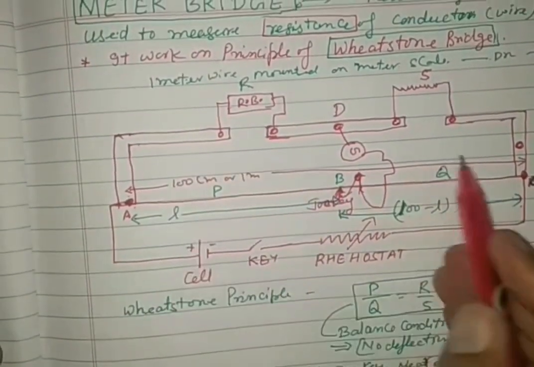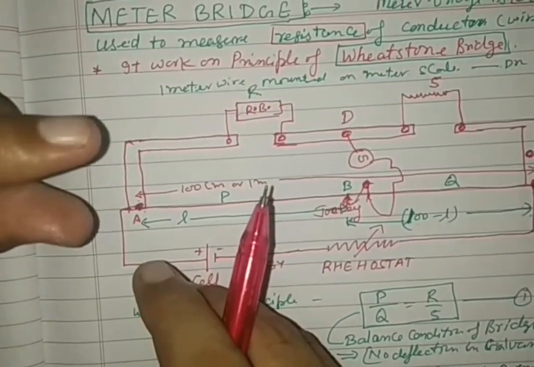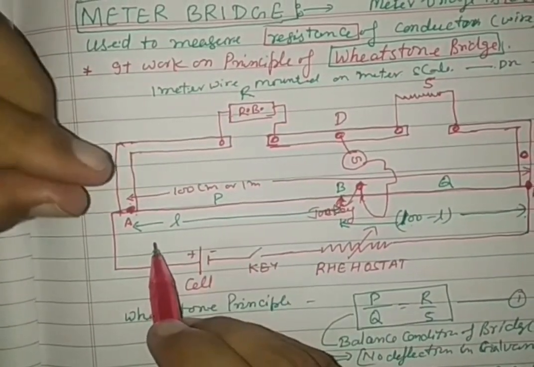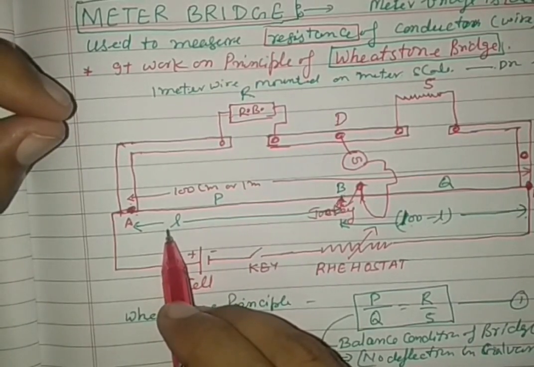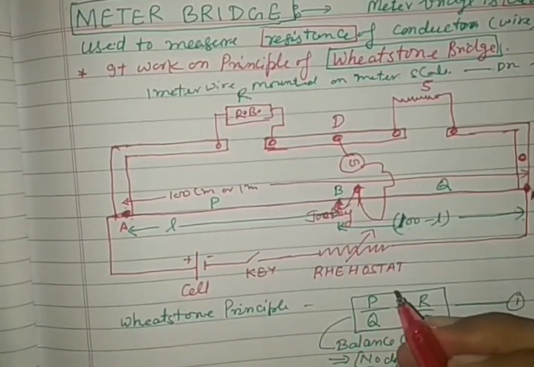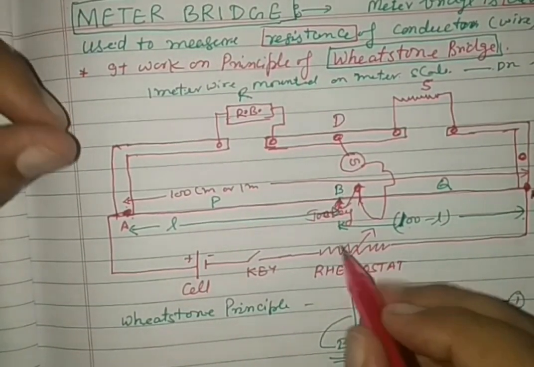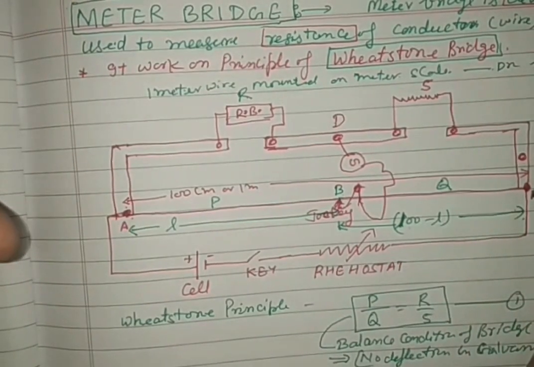Before this, make all connections tight. You are advised to clean the ends of all the connecting wires with sandpaper before connecting. Change the solution of the cell and see whether it is working or not. All the terminals must be cleaned, right?